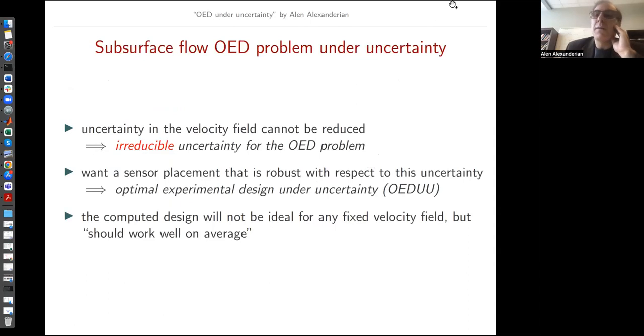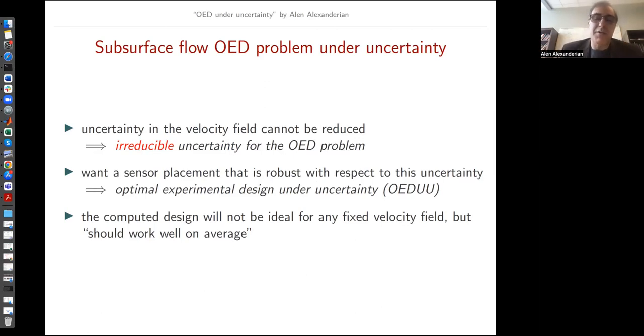Now we can have a discussion about reducible versus irreducible uncertainty, but at the stage of solving this inverse advection diffusion problem, I'm not reducing the uncertainty in the velocity field anymore. So in that sense, I'm stuck with whatever uncertainty model I have for the velocity field. Maybe in the past, some inverse problem has been solved.